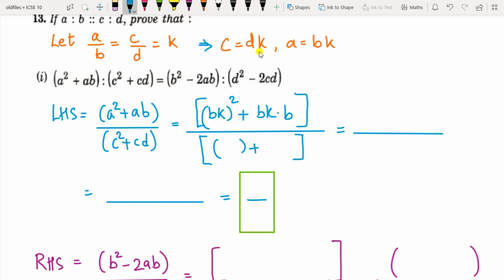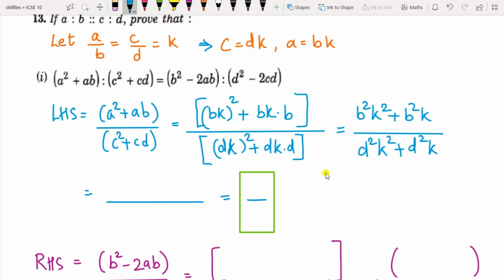In place of C you have to substitute dk, so this will be dk square plus dk into d. Open the bracket and solve. It will be b square k square plus b square k, and this will be d square k square plus d square k.